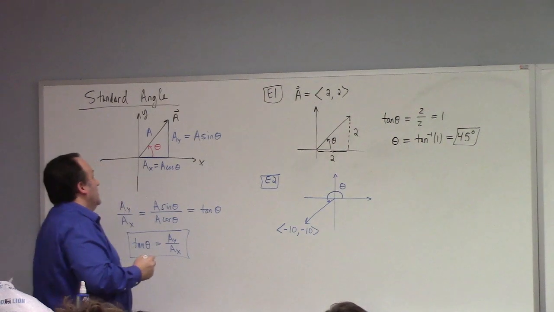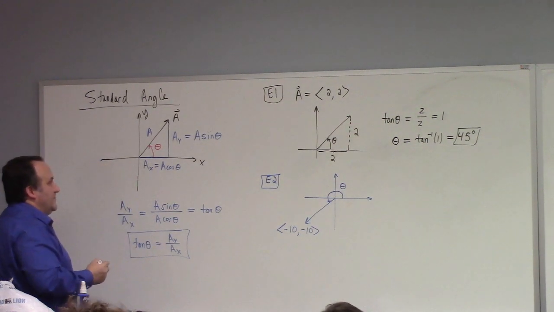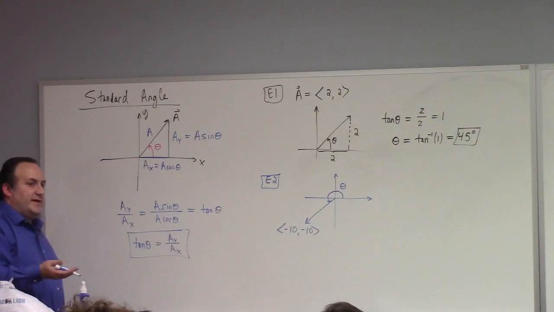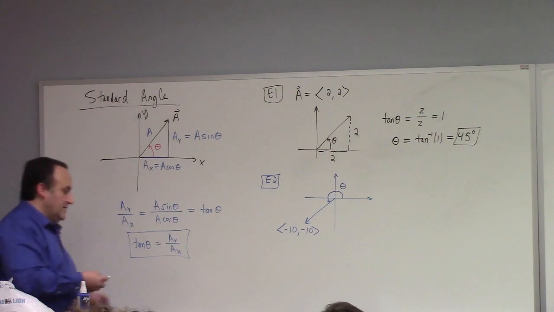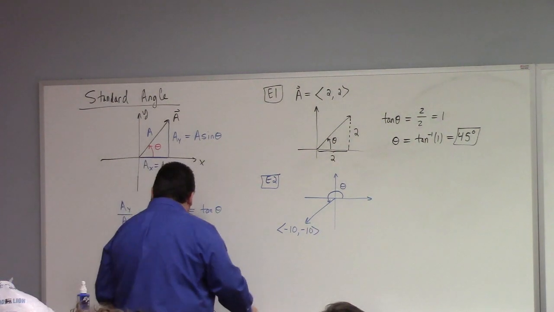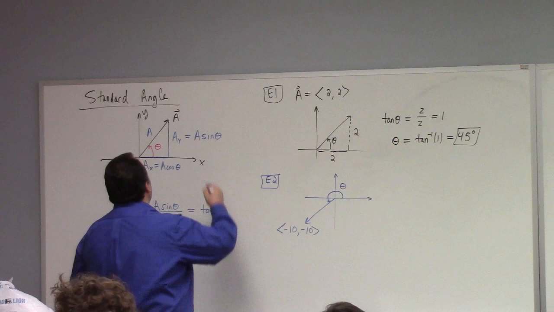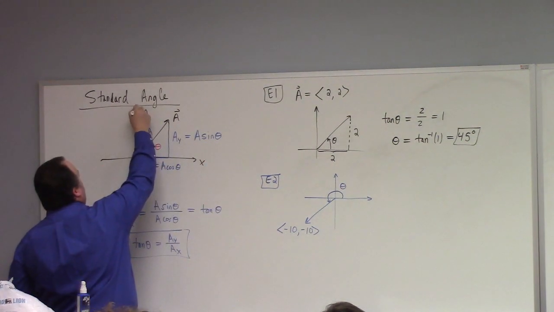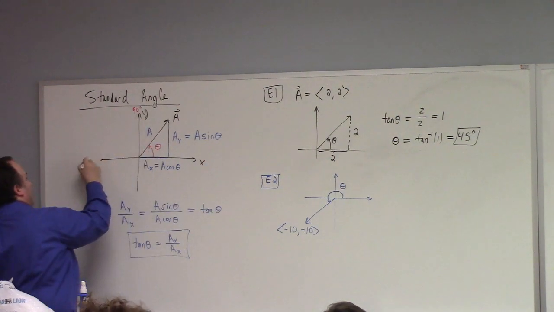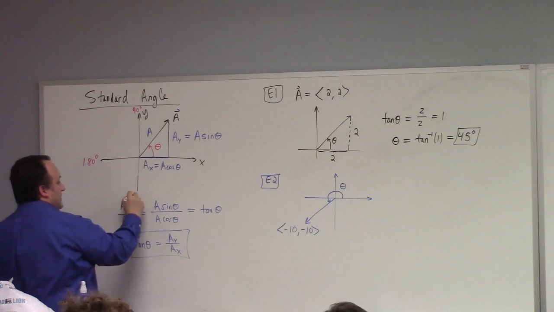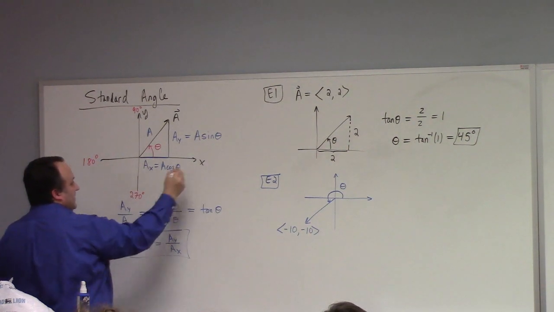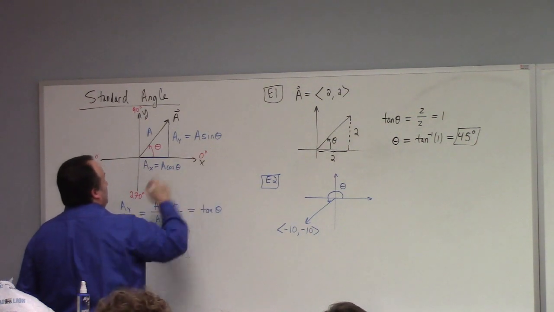So there's some benchmarks to remember, like the positive y-axis is 90 degrees. Let me write those out here. So you got 90 degrees up here. You've got 180 degrees over here. This guy is 270. And of course, you start at 0 degrees.